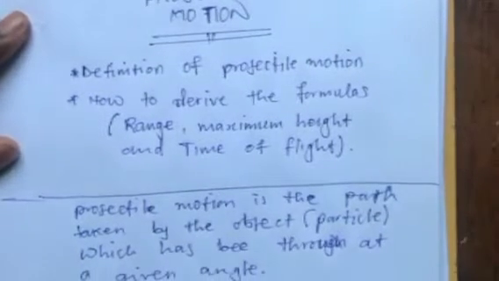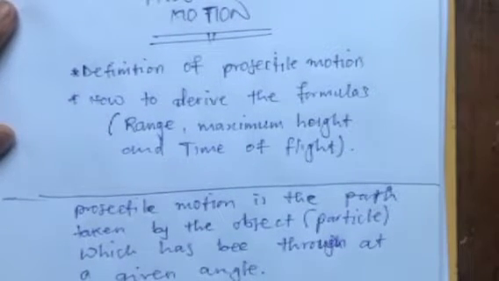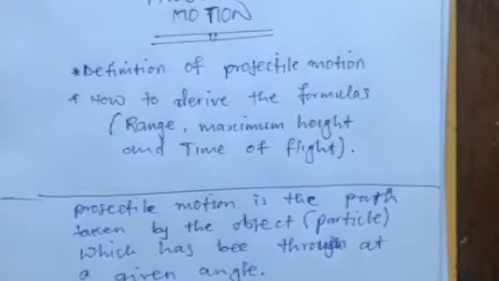If you try to throw an object at a given angle, you understand that it is going to undergo a certain displacement. And that same object, if it has been thrown at a given angle, say it has been projected, in other words, you can just say that is a projectile.